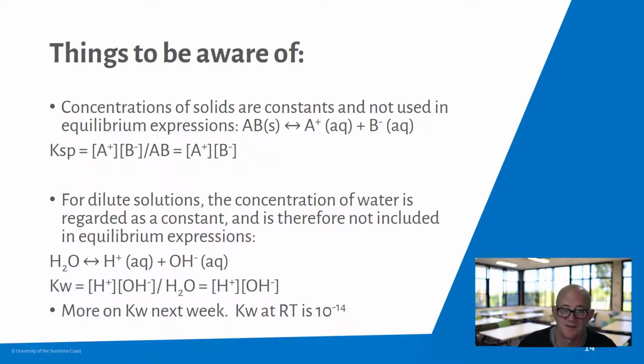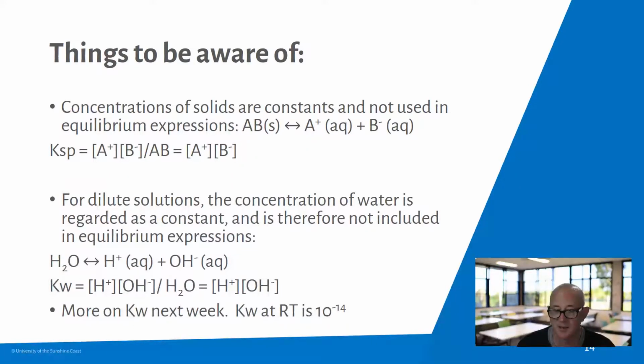The other thing is that often when we're looking at equilibria, we're looking at dilute solutions, and mostly, of course, things are in water, particularly if we're talking about acids and bases. The concentration of water in water is going to be a constant, so it's often not included in equilibrium expressions either.